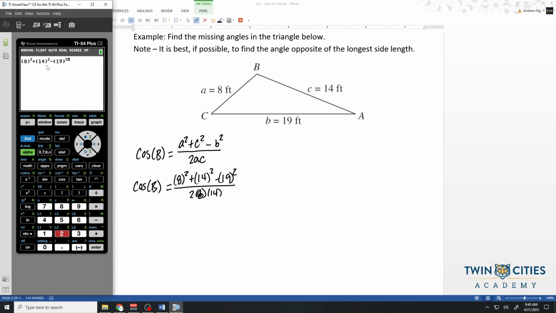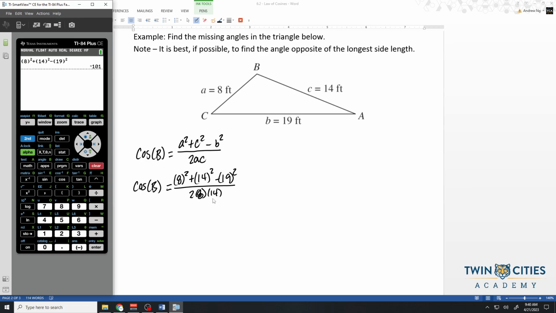It's important to use these parentheses because if you have this minus sign with the 19, or if it treats it as a negative 19 squared, then times this 14 squared, you're going to get all kind of messed up. So make sure to use your parentheses here. So we get negative 101.